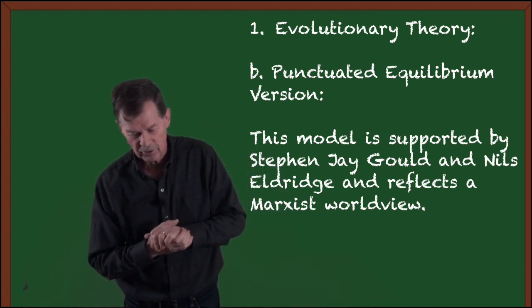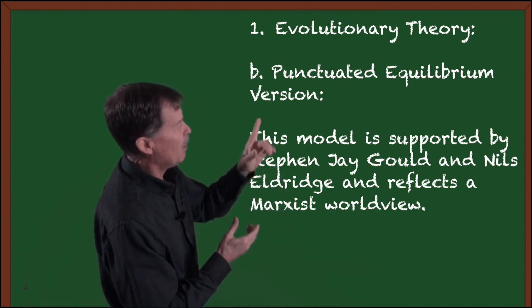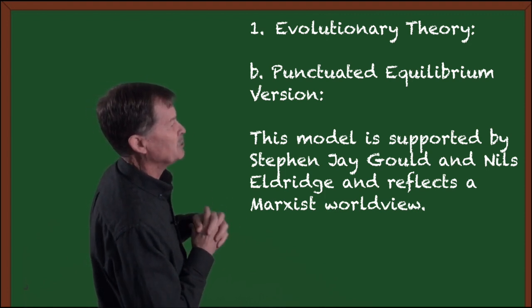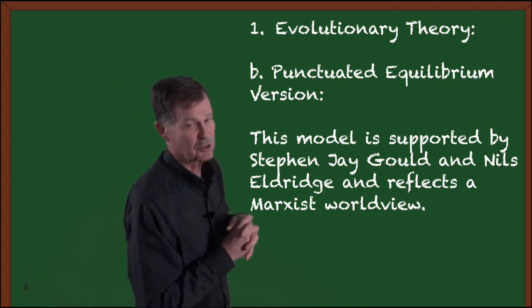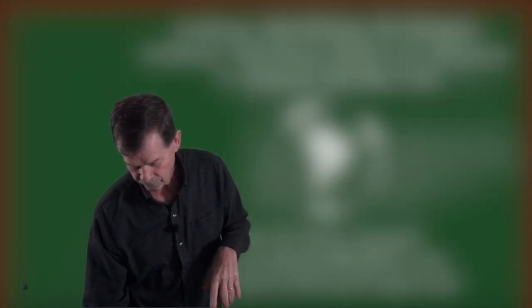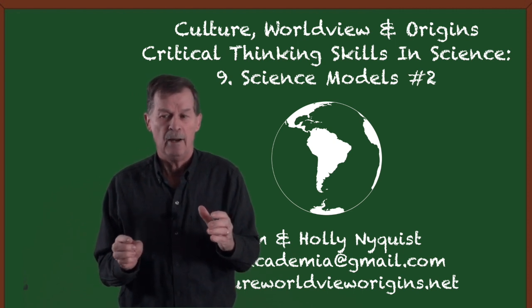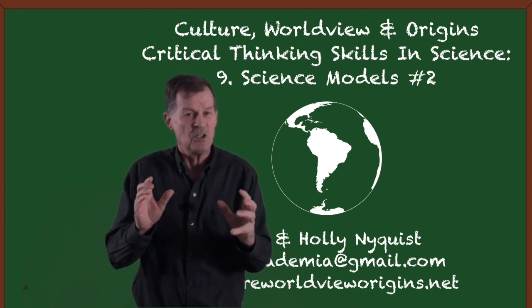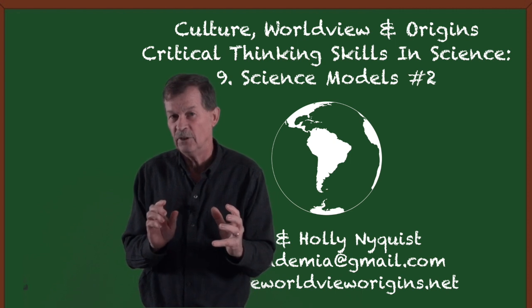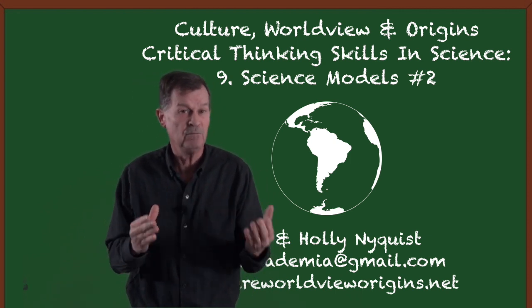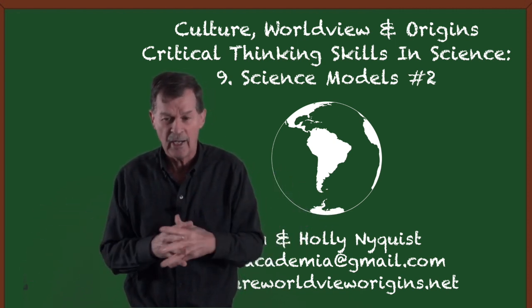This punctuated equilibrium model is supported by Stephen Jay Gould and Niles Eldredge and reflects a Marxist worldview. So now I can understand a little more how different scientists have a different flavor, because they are incorporating their political viewpoints, their worldviews.